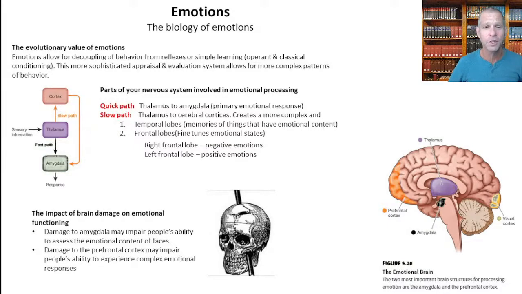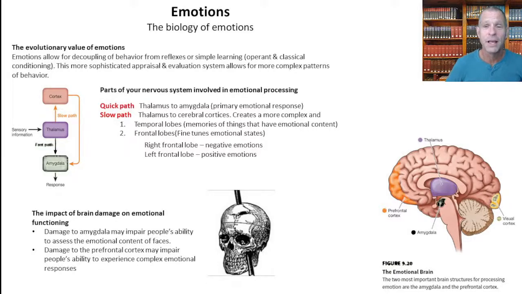And let's take a look here at how this system was built. Now, there are two parts of your brain that are very important for emotion. It's your cerebral cortex, your frontal lobe of your brain, and your amygdala down in your brain center. Now, if you remember, I suggested to you that all sensory experiences come through the thalamus. So you see sensory information coming through the thalamus right here.